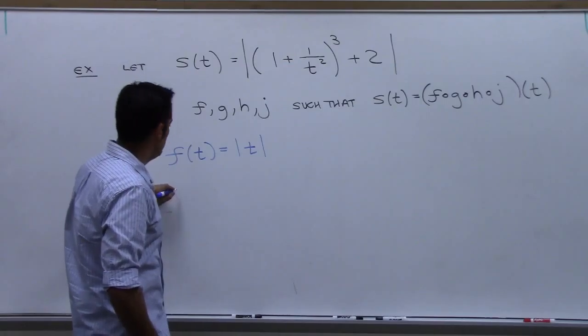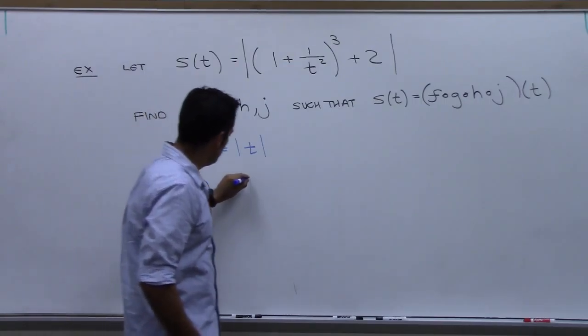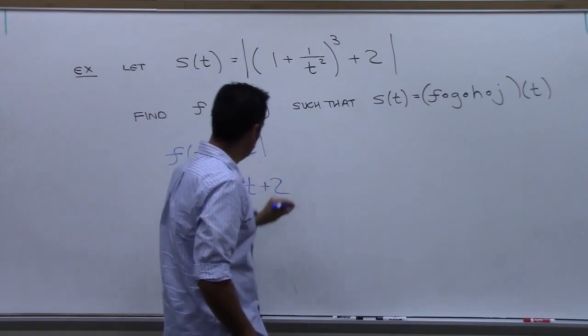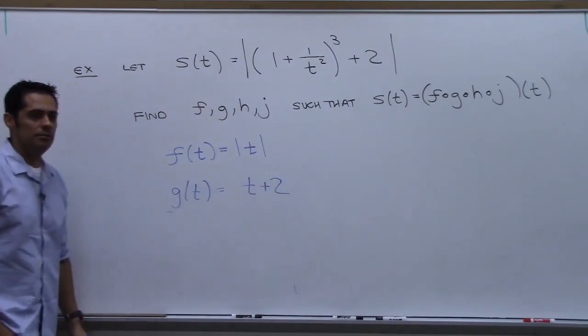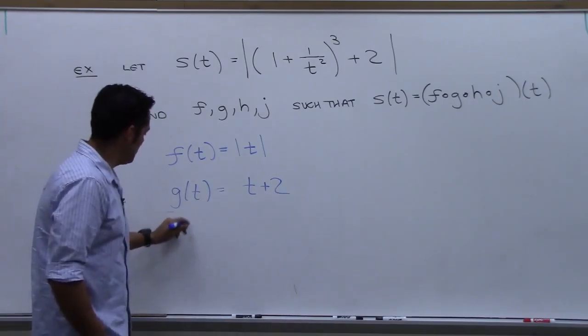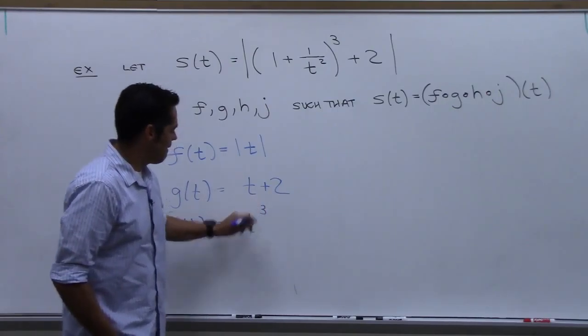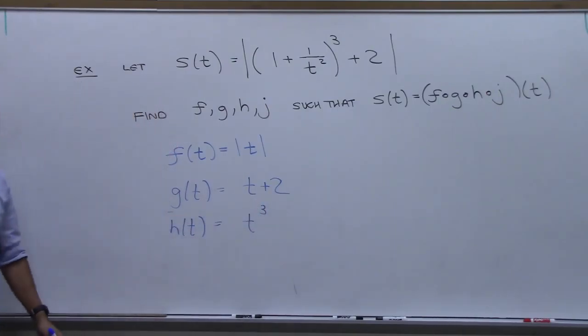So what are we at? G? You want to go t plus 2? Okay, now what? T cubed. H of t, you want to go t cubed? Yeah, we are running out of letters.